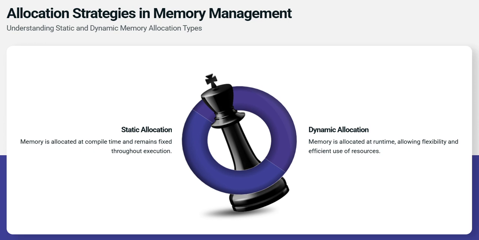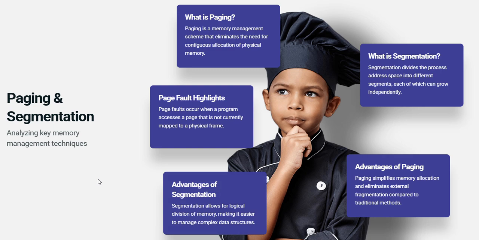So moving forward, we are going to discuss our next topic in memory management, that is paging and segmentation. To make memory more manageable, the operating system divides it into blocks. There are two ways, paging and segmentation. First of all, we are going to discuss what paging is. It splits memory into equal size pages.